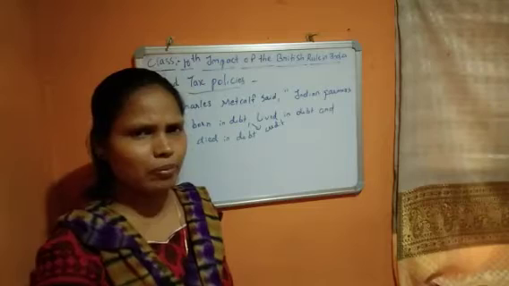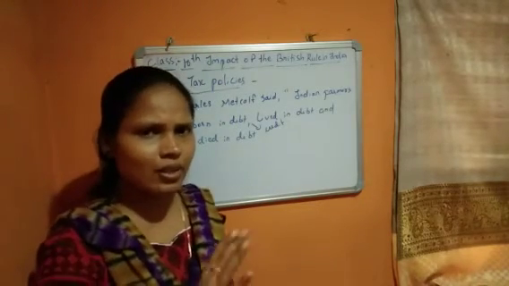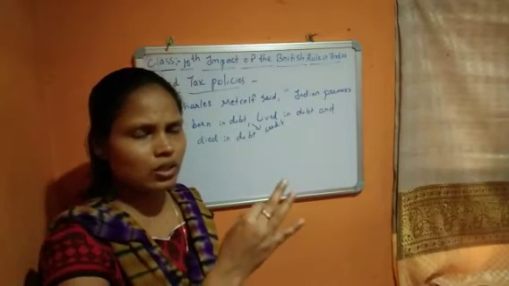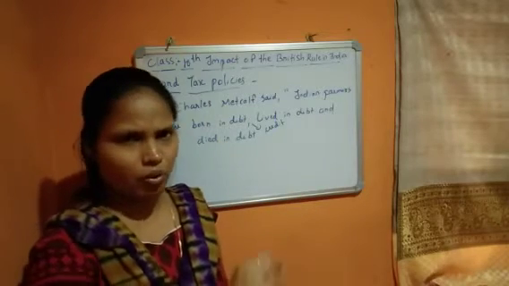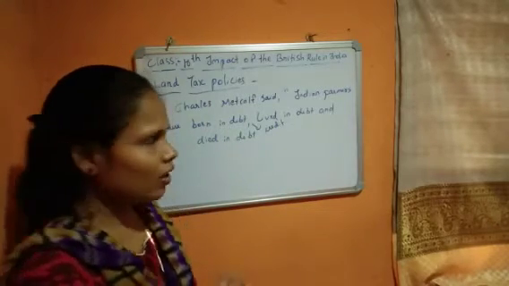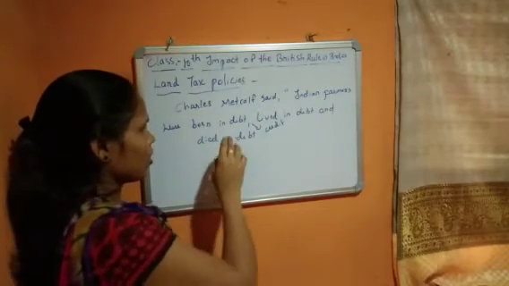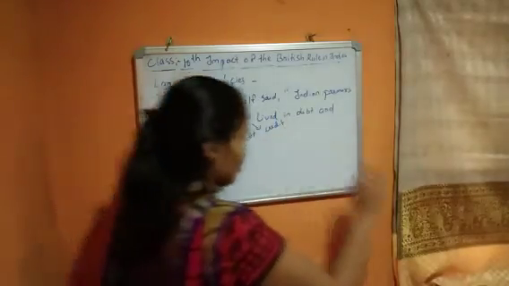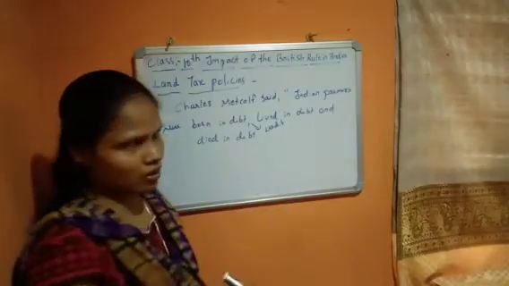Lord Cornwallis implemented the permanent zamindari system in Bengal in 1793. Why did he implement it? To generate steady revenue collection. That answer you have to write. Then, who said Indian farmers are born in death, lived in death and died in death? The answer: Charles Metcalfe.